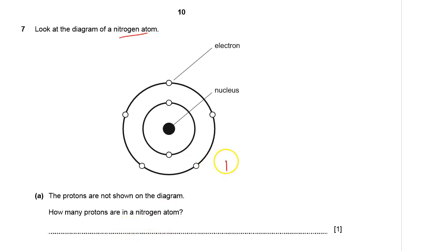Of course, we know that the number of protons in the nucleus of an atom is equal to the number of electrons. We have 2 electrons in the inner orbit and 5, so that makes 7. So we have 7 electrons, and therefore 7 protons.